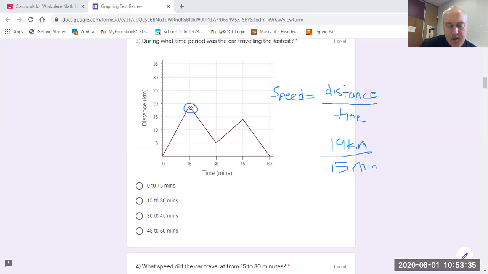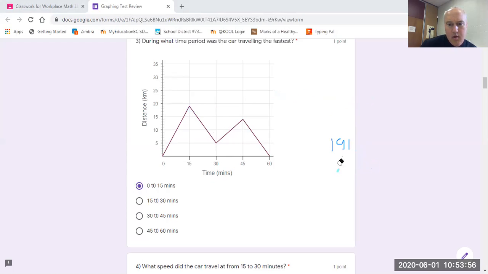I went from here to here, traveled further than in any other time frame. So the answer to this question would be 0 to 15. Hopefully that makes sense to you. I'm just going to erase this off here, and then we'll look at the next question.